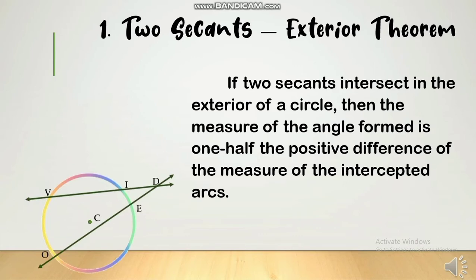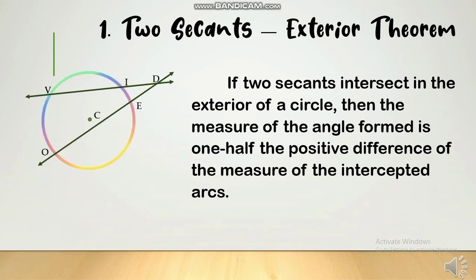So in the figure, we have two secant lines, line BI and line OE. The two secant lines intersect at point B. So the measure of angle B is equal to 1/2 times the difference between the measure of arc VO and arc IE.